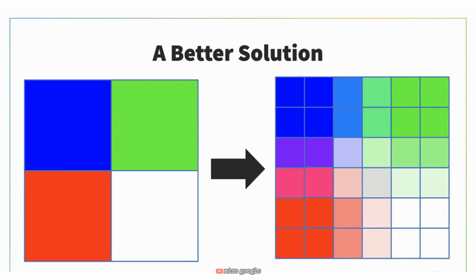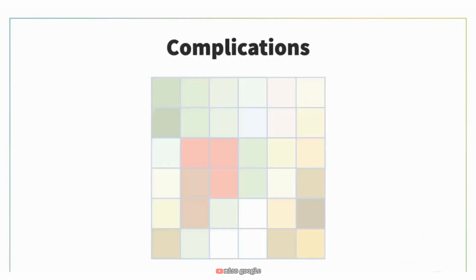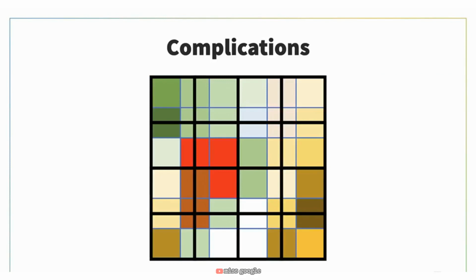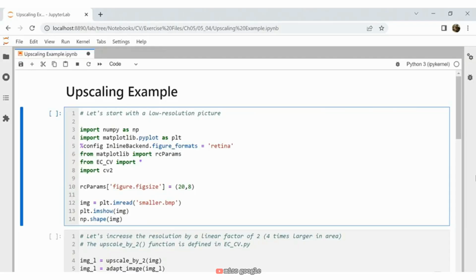Here we can see that the high-resolution pixels at the borders are trying to create a smooth change to the color in the neighboring low-resolution pixels. And once again, a non-integer growth factor is a complication because we're left with low-resolution pixels creating non-integer numbers of high-resolution pixels. Now let's try our hand at upscaling an image.